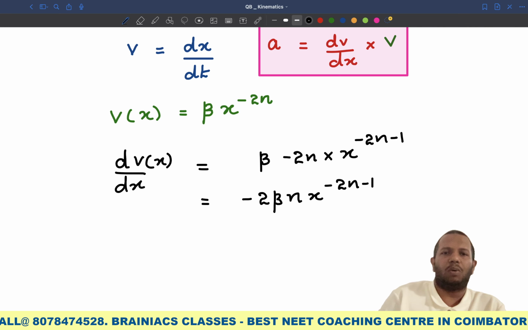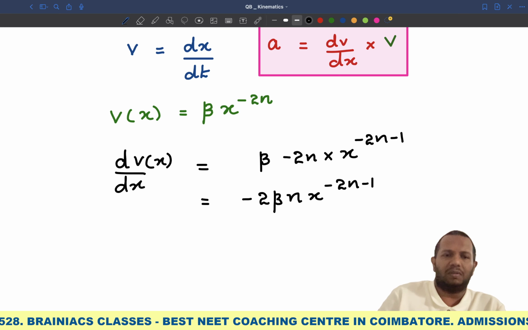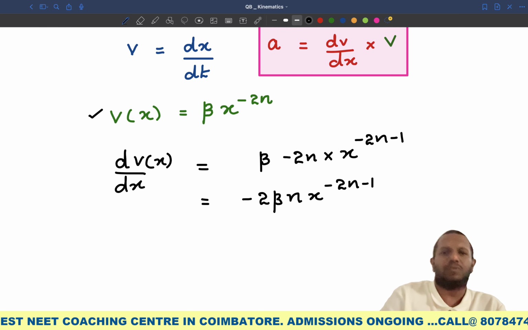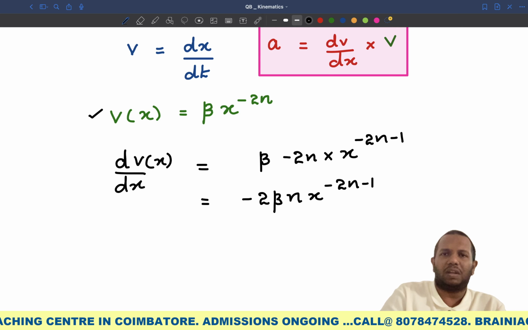Now we already know what is velocity v, it is mentioned here. Now let us substitute in our answer to get what is acceleration.